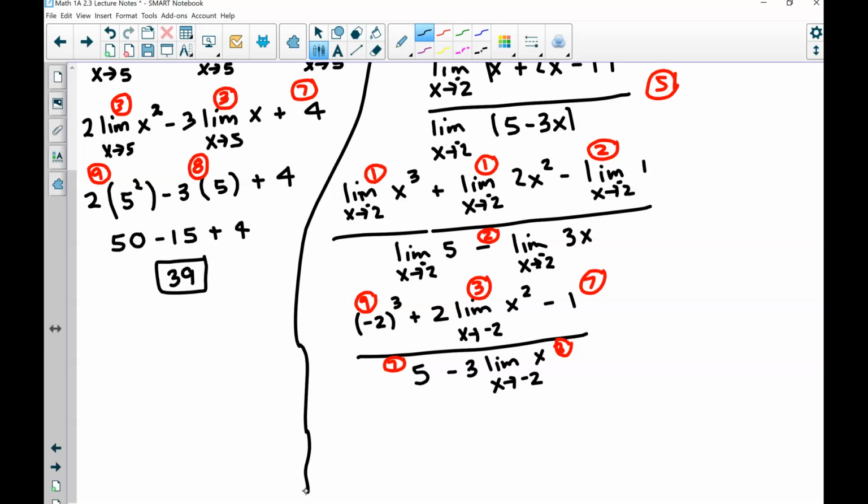Now, negative 2 to the third power is negative 8. Okay, and then this becomes plus 2. And applying rule number 9 is now negative 2 to the second power. So that is rule number 9.